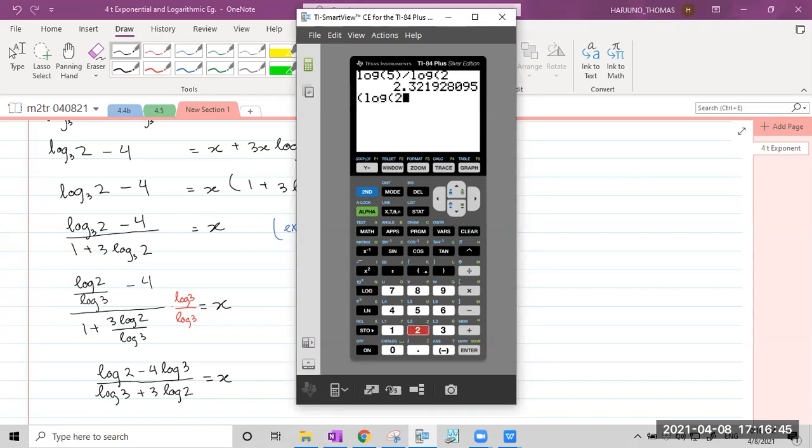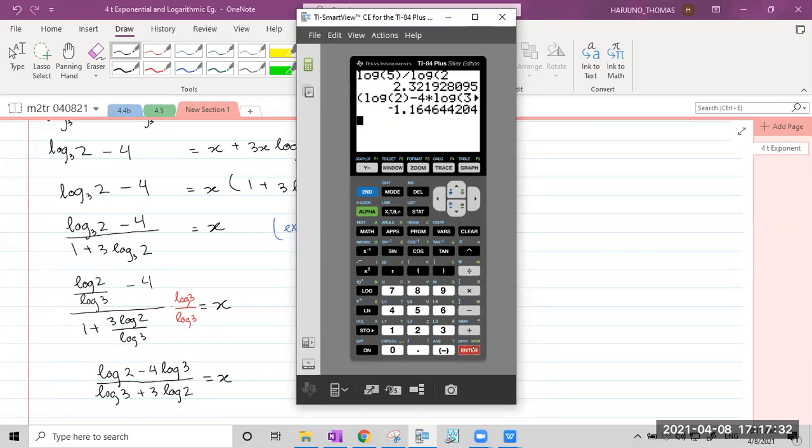Log 2, close the log 2 parentheses, minus 4 times log 3, close parentheses for the log 3, close parentheses for the grouping on the numerator, divided by open parentheses, we will start the grouping on the denominator. Log 3, close that log 3, plus 3 times log 2, close that log 2. And then close the grouping on the denominator. Boom.